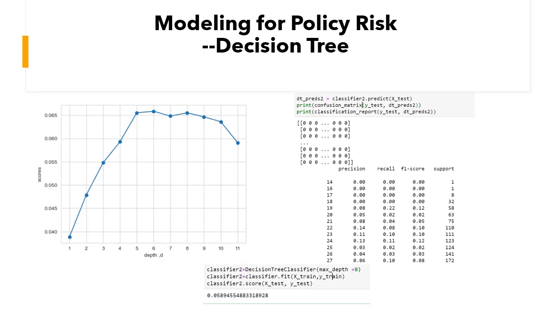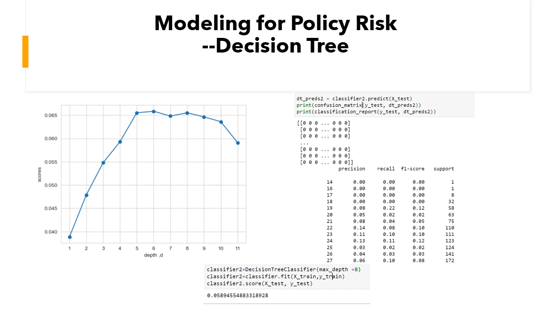And then I applied a decision tree classifier to the data, calculated the predictions, and evaluated the model's performance with a confusion matrix and classification report. I also tested the classifier performance with a different tree depth, and I plotted the accuracy score to determine the good depth.